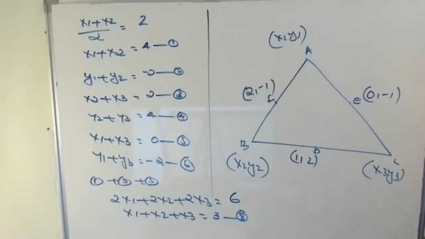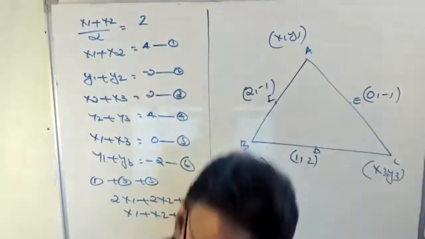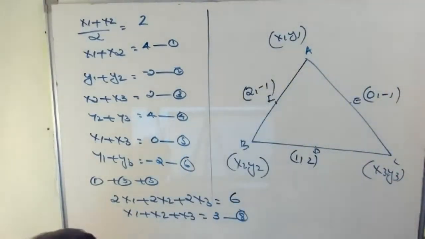Okay, so finish now. Write the coordinates. You will get the coordinates like this: (1, -4), (3, 2), (-1, 2). Yes, correct. You'll get answer (1, -4), (3, 2), (-1, 2).